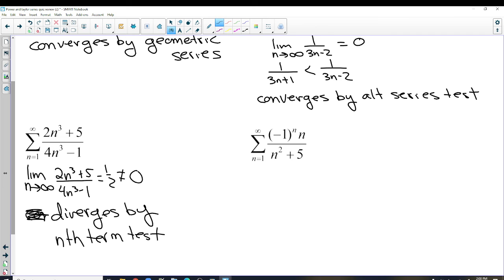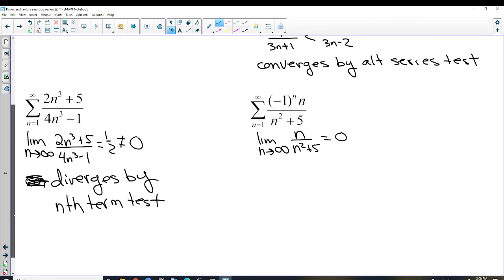So hopefully that one's, eventually it's going to be obvious to you. This is alternating, and we got to do nth term test. The limit of n over n squared plus 5 is equal to 0. So it passes the nth term test, which is good.